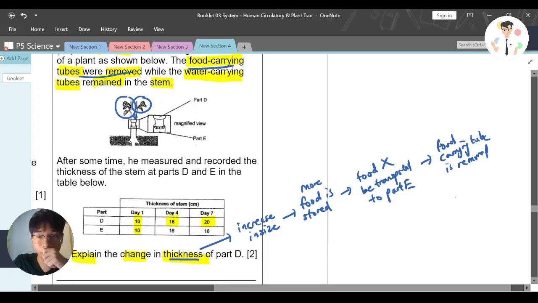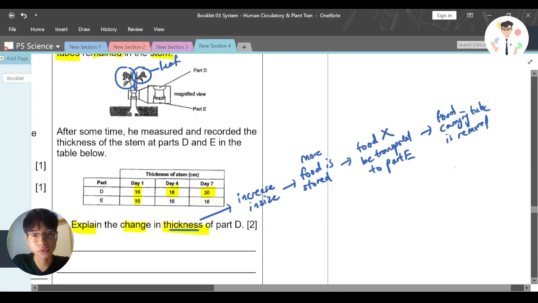One thing we should explain is that the leaf makes food. So let's explain.